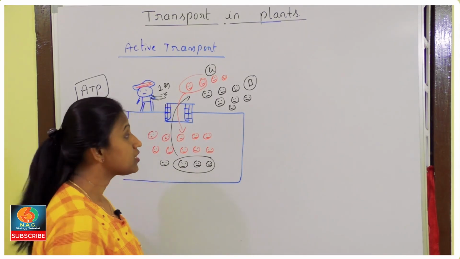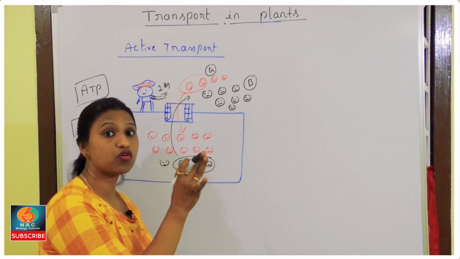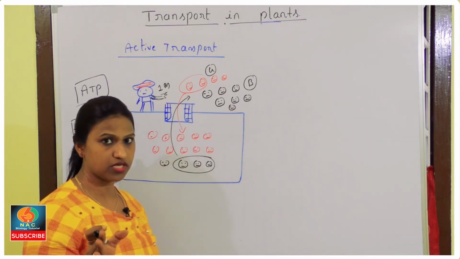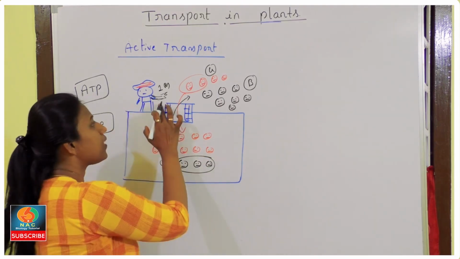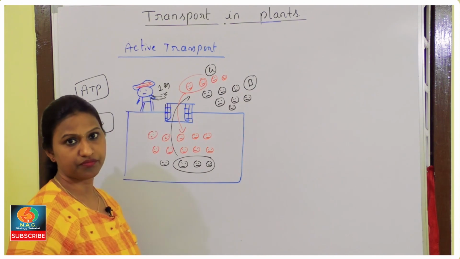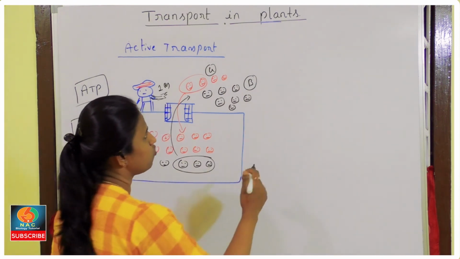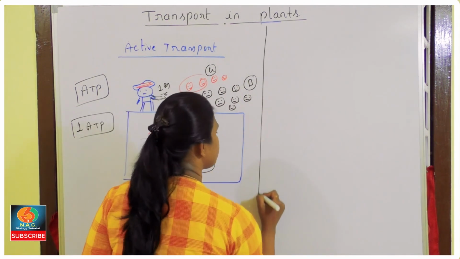But they are doing this against the concentration gradient. They are breaking the rules. Actually, this thing should not happen, but they are doing this by giving money to the watchman. Are you getting my point? Now, let's move on to our plasma membrane.